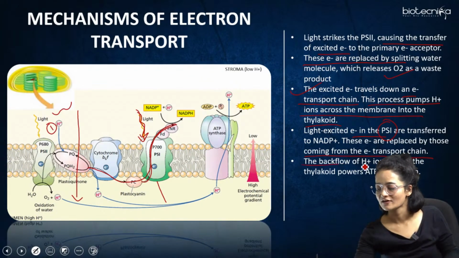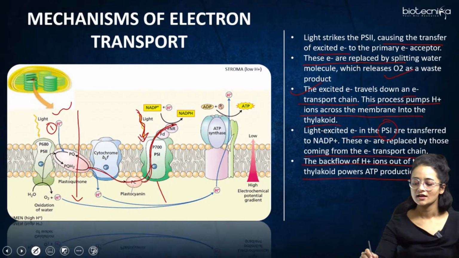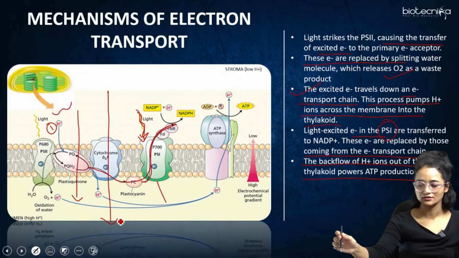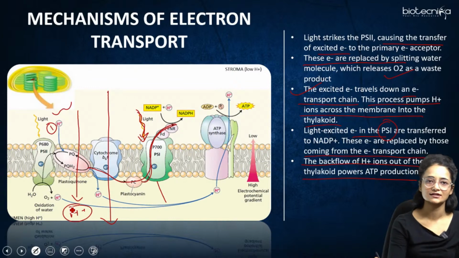Then it says that the backflow of H+ ions out of the thylakoid powers ATP production. So here the electron transport is taking place, and the H+ ions are coming from the stroma to the lumen, and inside the lumen the concentration of H+ ions is very high.